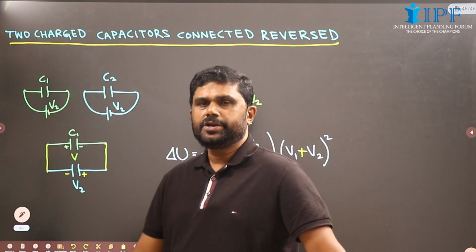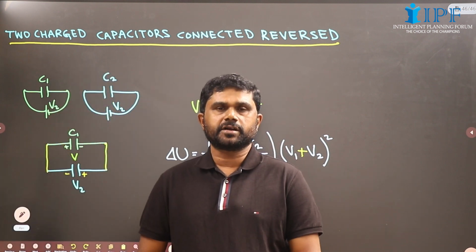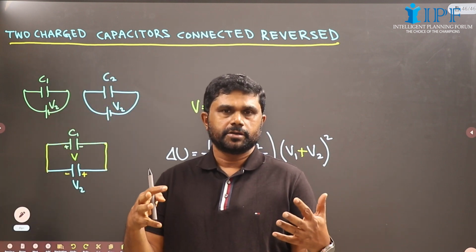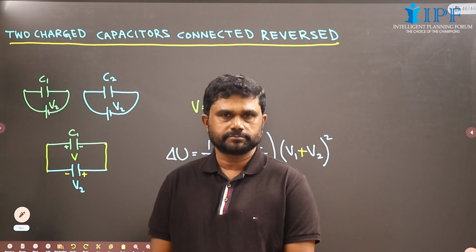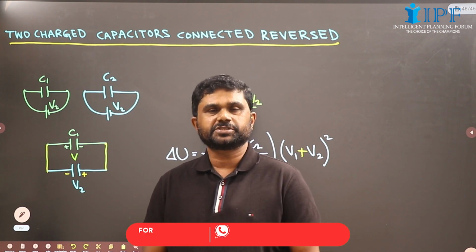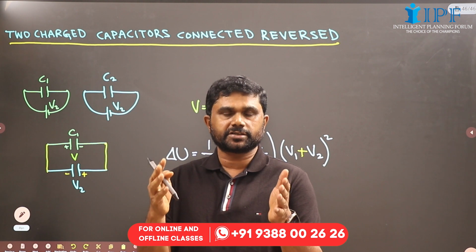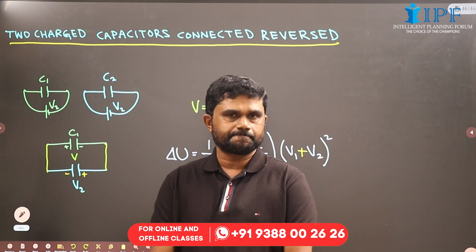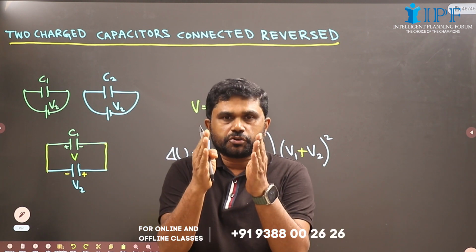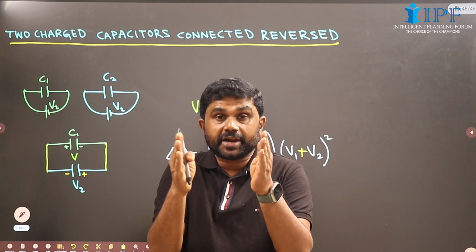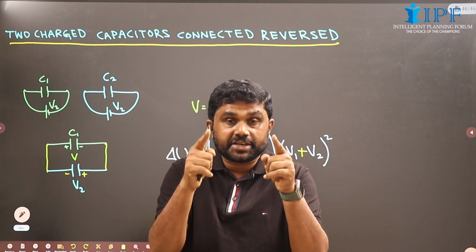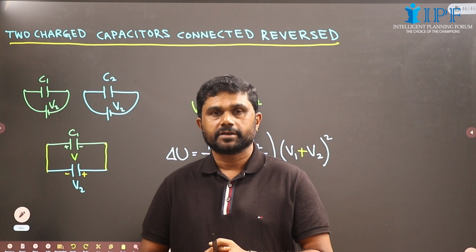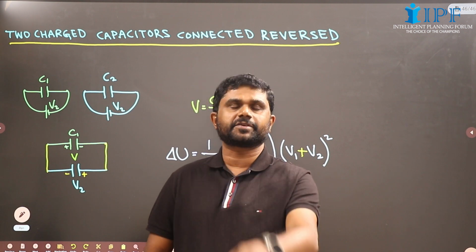Now children, before I conclude, let me tell you one more thing. Suppose a capacitor C is connected to a source of voltage V, and the plates of the capacitor are separated by means of insulating handles after disconnecting from the cell.